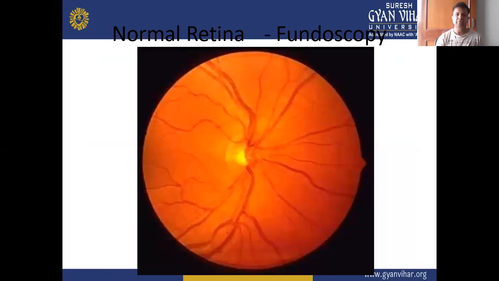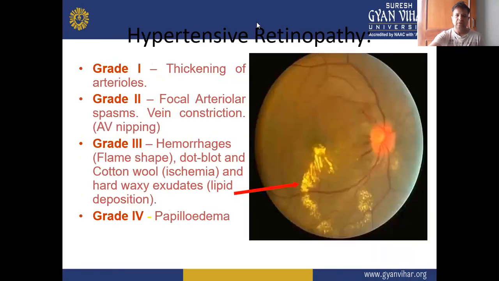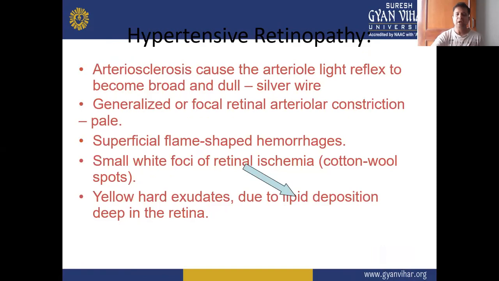A normal retina on fundoscopy, you can see a normal image of the retina. Now you can see a hypertensive retina, how it is damaging our retina if long-term hypertension is going on. In hypertensive retinopathy, atherosclerosis causes the arterial light reflex to become broad and dull, silver wire.